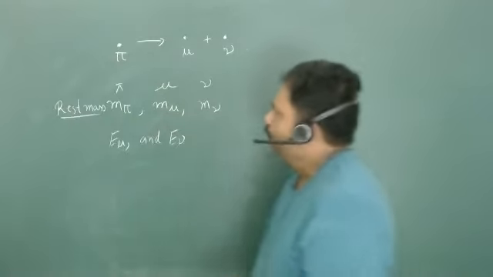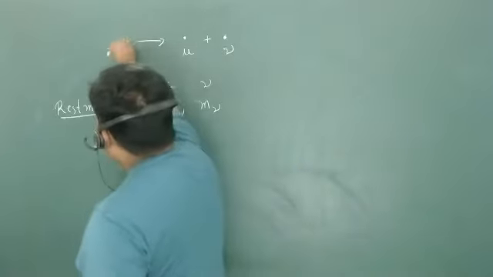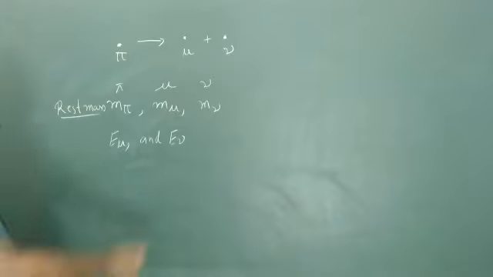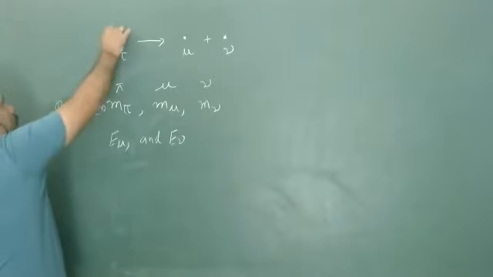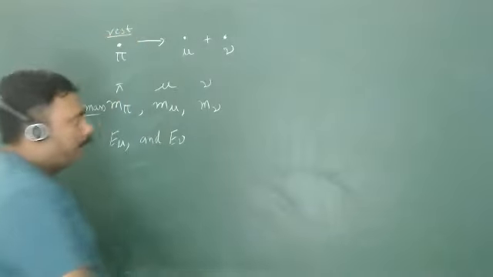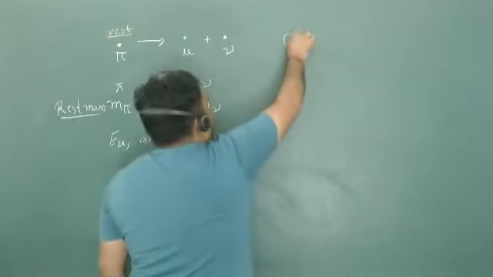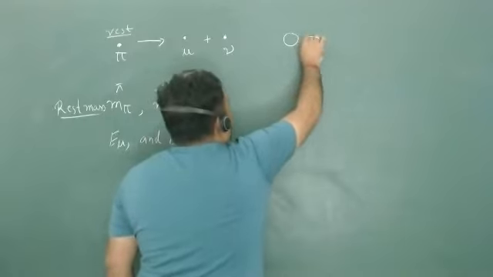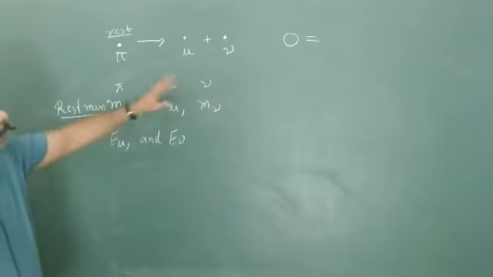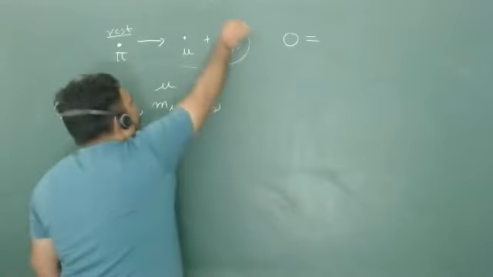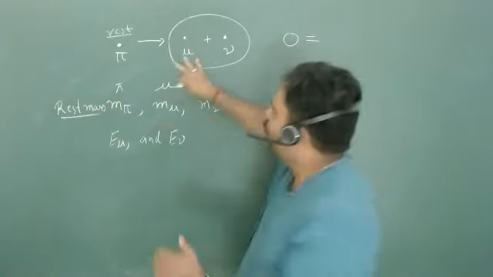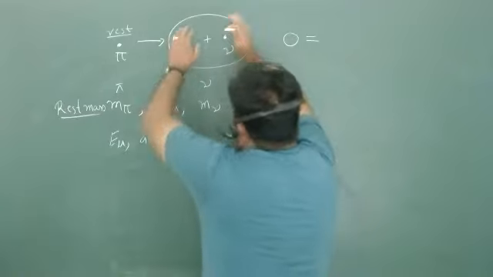So obviously, what will be the momentum of pion before decay? Zero, because it is at rest. And this will be equal to the momentum of the whole system after decay. If I am talking about the system, that means I am talking about muon and neutrino together.